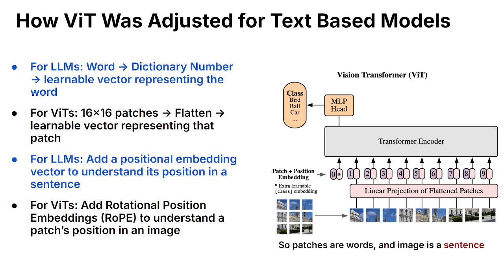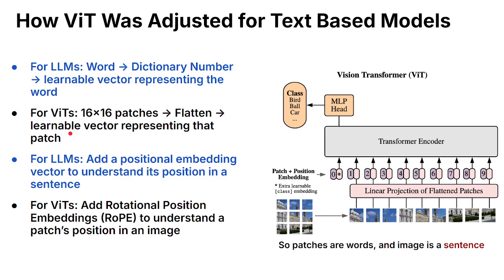What that basically means is that a vector, or a list of numbers, is trying to represent the word itself. And for vision transformers, we use a 16 by 16 patch of the image and we flatten it. These are the pixel values. From left to right, from top to bottom, we linearly project this entire 16 by 16 patch, so it becomes a 256-size vector.